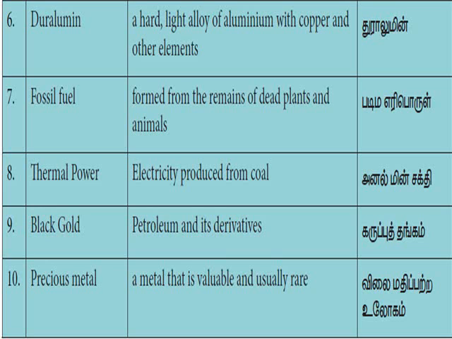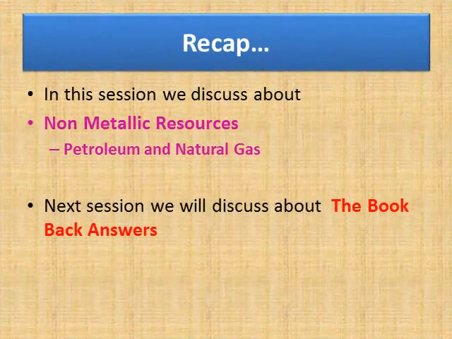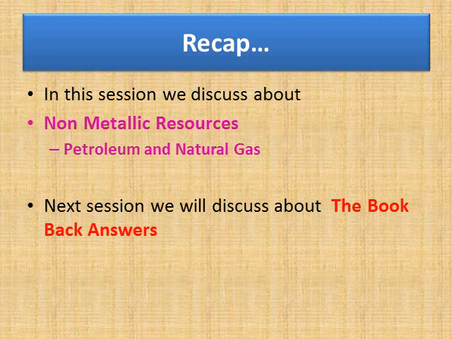Duralumin: a hard, light alloy of aluminium with copper and other elements. Fossil fuel: formed from the remains of dead plants and animals. Thermal power: electricity produced from coal, black gold, petroleum and its derivatives. Precious metal: a metal that is valuable and usually rare, like gold.